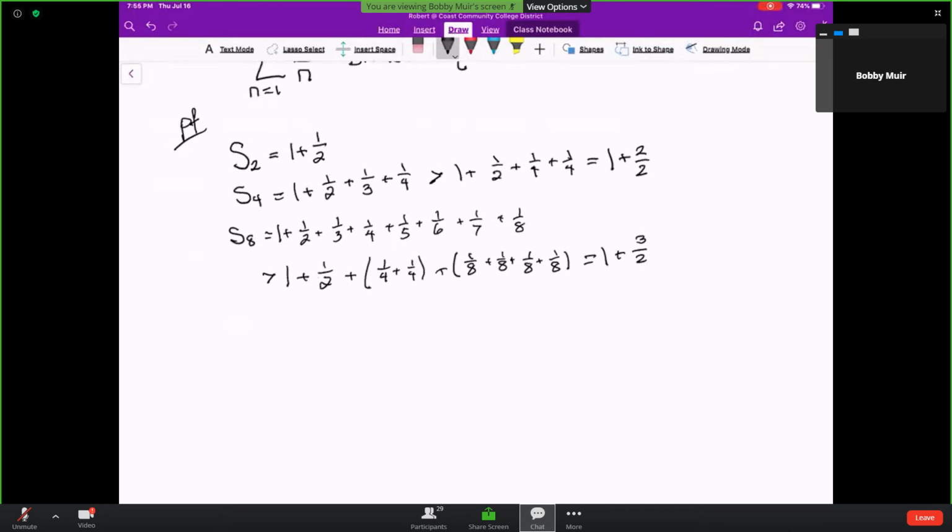So if you inductively do this, S sub 16, which is 2 to the 4th, is going to be bigger than 1 plus 4 over 2. And in general, S sub 2 to the n is bigger than 1 plus n over 2.